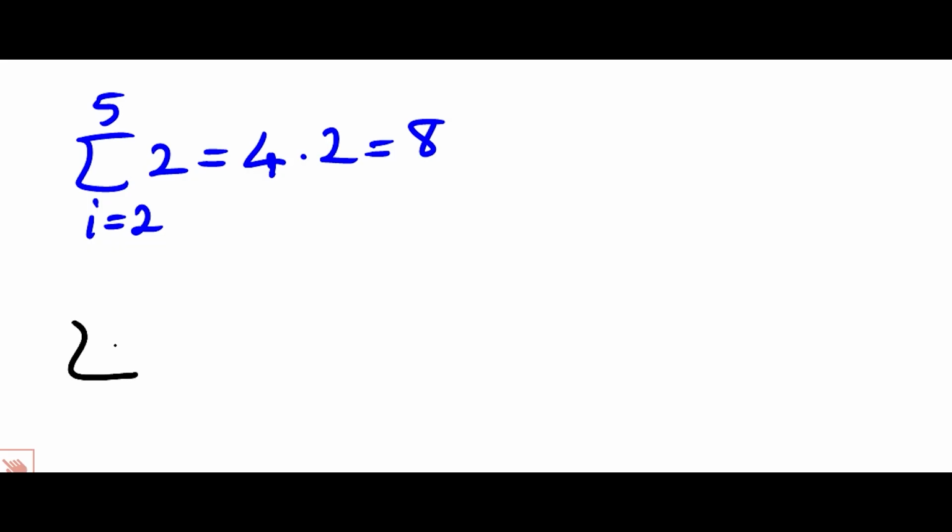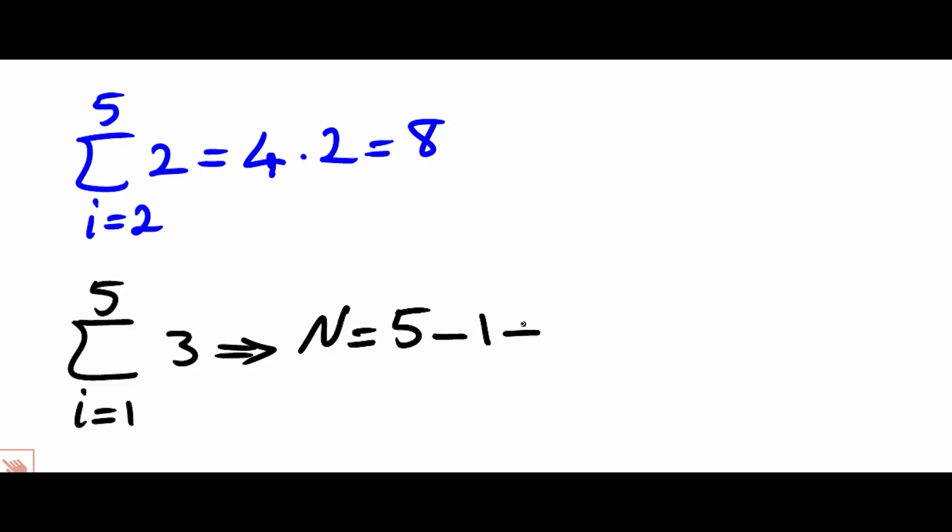Or the sum of 3 from i equals 1 to 5. First find the number of terms. We have n equals 5 minus 1 plus 1 equals 5. So the sum of 3 from i equals 1 to 5 equals 5 times 3 equals 15, right?